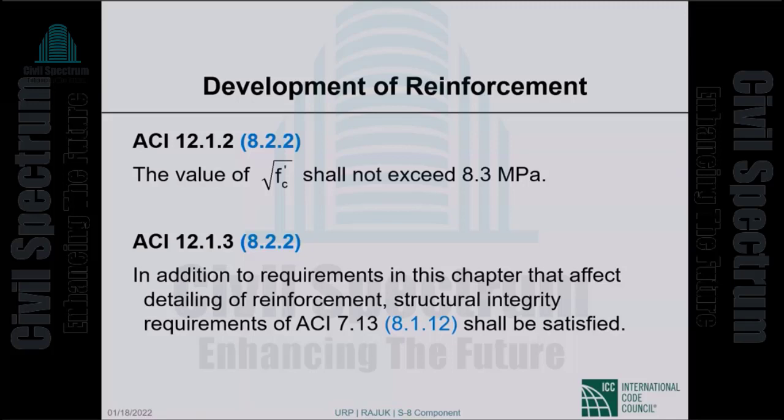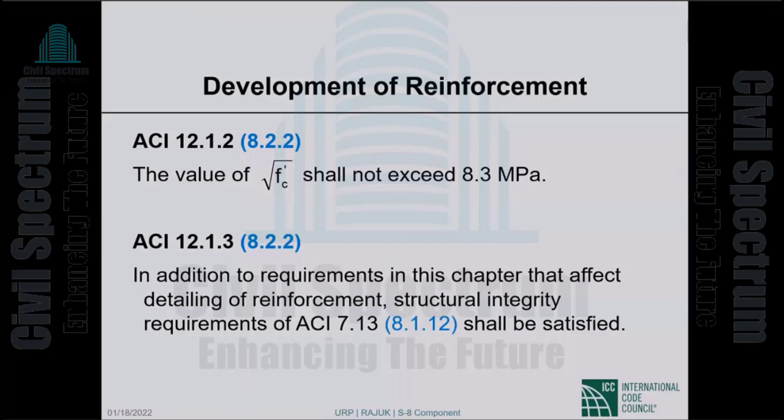So we restrict the strength of reinforcement to 100,000 psi. That again does not mean that you cannot use higher strength reinforcement, but it means that in your calculations you shall use F sub y equal to 100,000 psi.